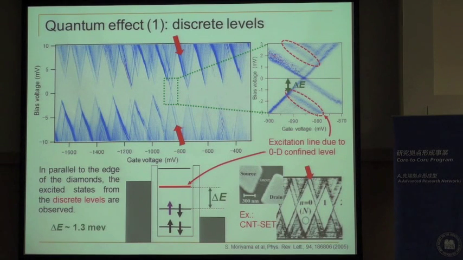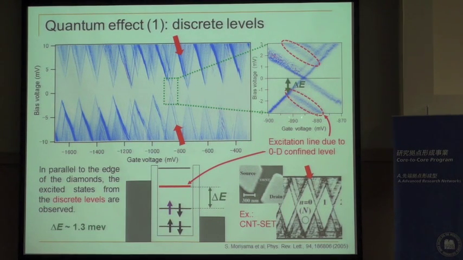And finally, I would like to show you the two quantum effects in our device. One is discrete levels. As you can see here, parallel to the edge of the diamond, you can see a clear line here and here. This is a magnified one, and you can see the line here.